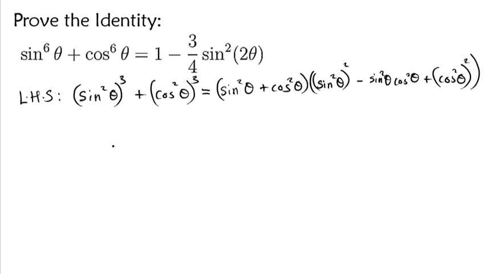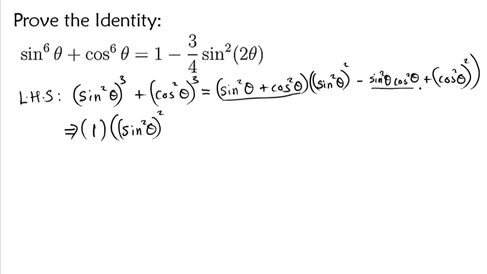Now let's rewrite it. That expression implies that in the first bracket, sine square plus cos square, that's just a 1. In the second bracket, let me just write it as it is. So I have sine square, then this one has a square.